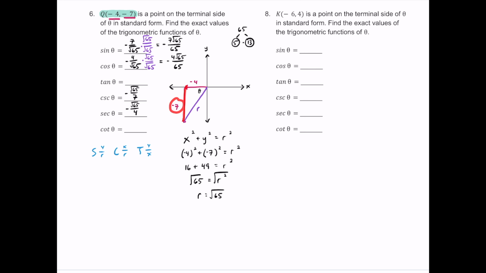So here's y, and then here's x. So it's -7 over -4. Negative over negative is just a positive, so I'm going to write 7 over 4. And then for cotangent, I'm going to write 4 over 7. So checking our signs, we have the tangents, which are positive because negative over negative was a positive. And then everything else here seems to be negative, so that all checks out.